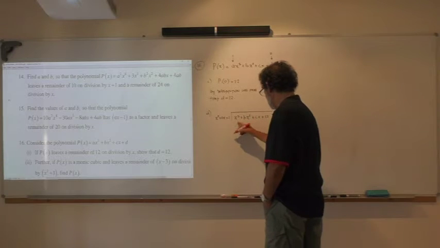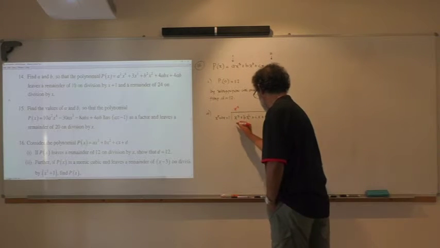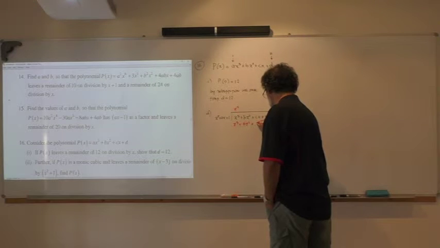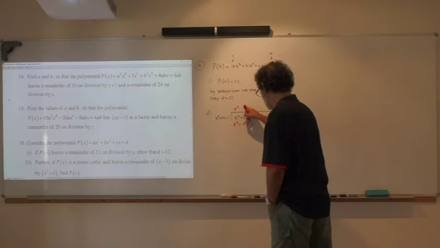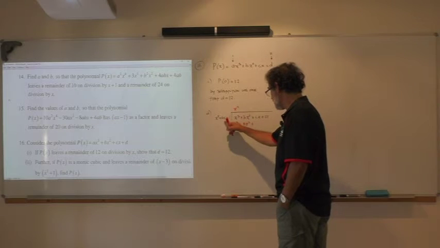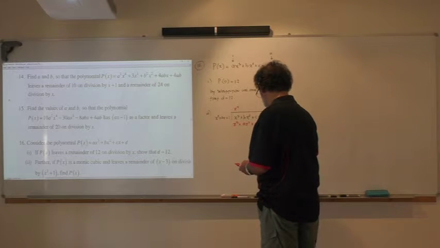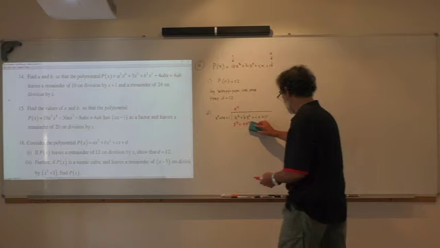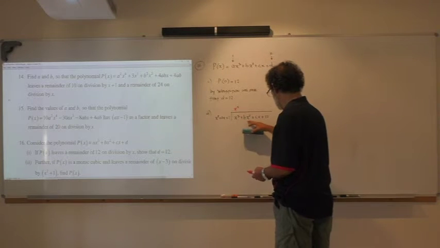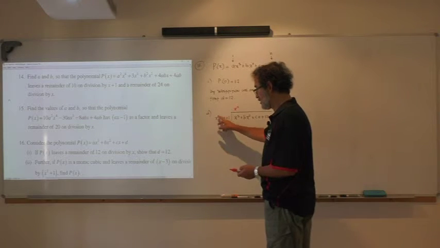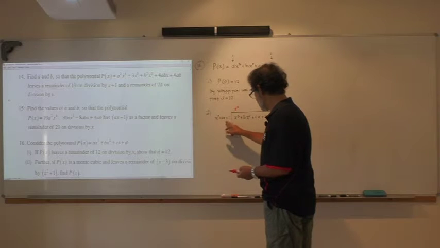Okay, so here we go. So we have x cubed, x squared, x and the constant, and we divide by x squared plus 0x plus 1.